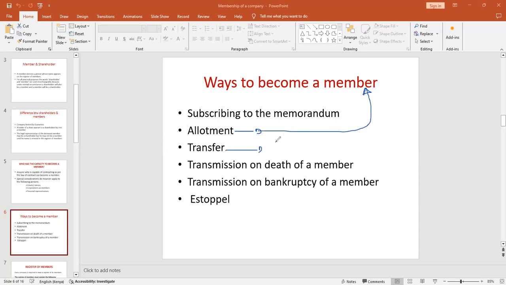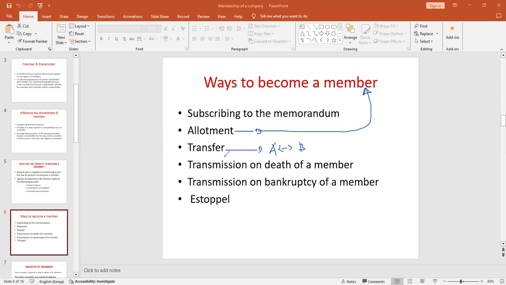Transfer of shares, from A to B. Somebody can give you shares. Today is the 16th, so Valentine was the 14th. Somebody can say, okay, here's a gift, transferring 1,000 shares to you for 20,000. Or they can just give you flowers and then you throw them in the dustbin the next day.